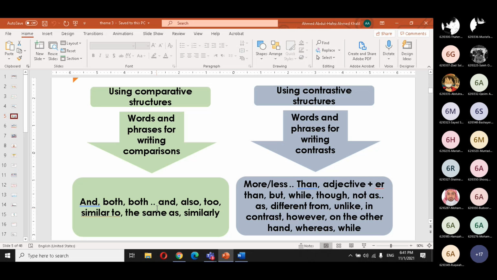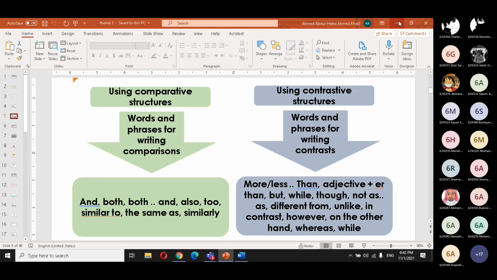But if you are contrasting, it means you are talking about the differences between two things. So you can use more or less.